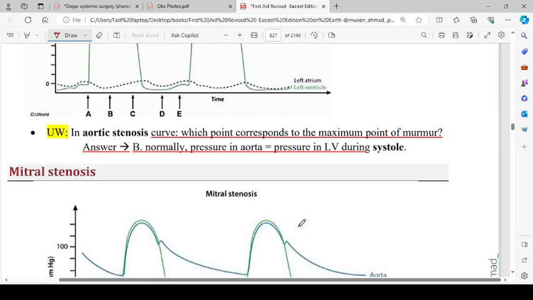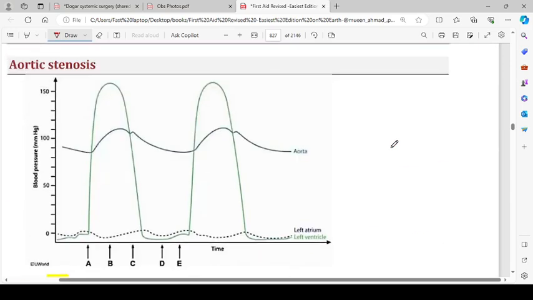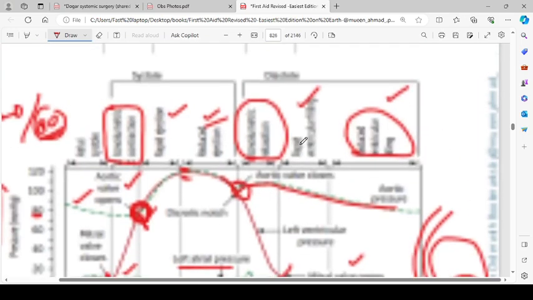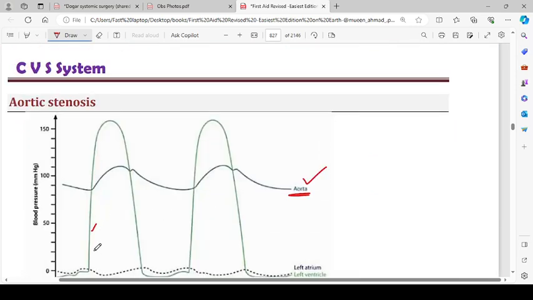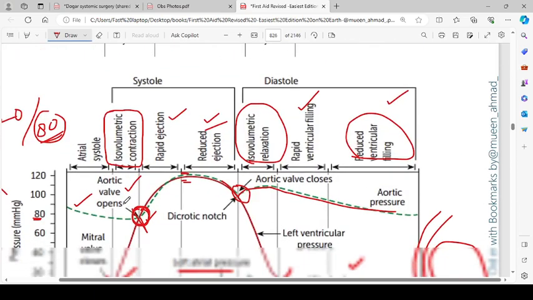Then we have aortic stenosis. In aortic stenosis, the green line is the ventricular pressure, and this line is the pressure of the aorta. The pressure of the aorta is the same as in the normal diagram. There is no change in that. The only change is that the ventricular pressure is raised way above it. In the normal diagram, the aortic pressure and the ventricular pressure are overlapping.